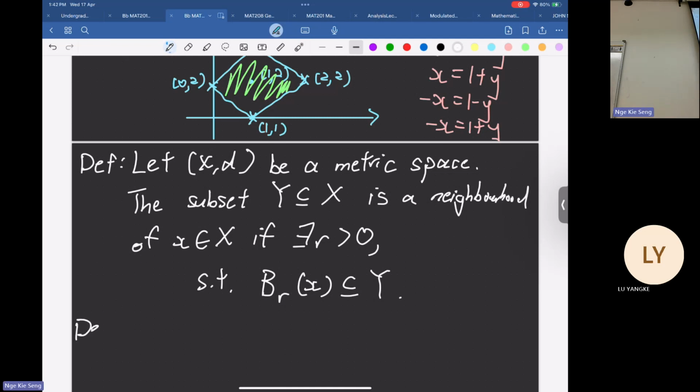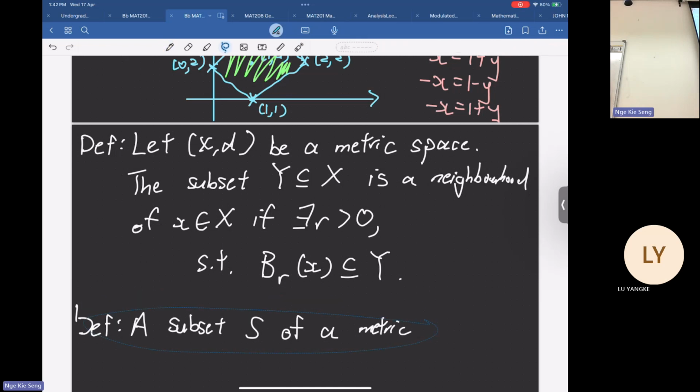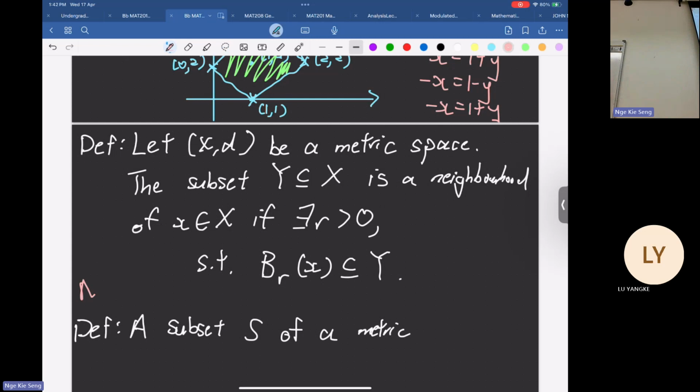Next, bounded. When do we say a subset is bounded? Let me back up a little bit. Sometimes I will write the notation with the radius at the top and the center at the bottom. Sometimes you see this, so don't confuse.